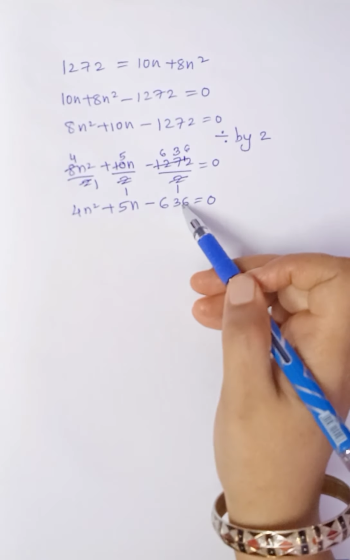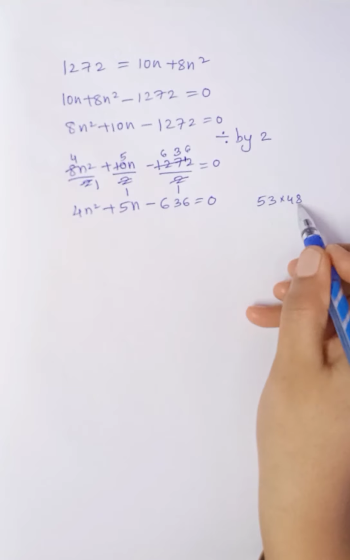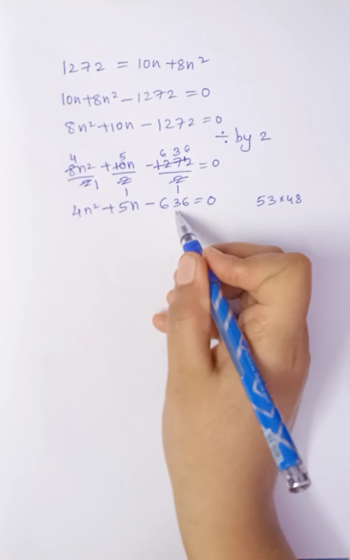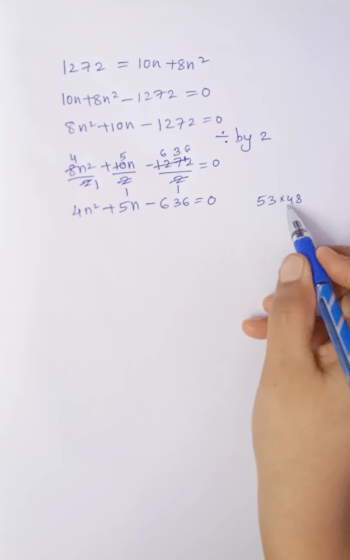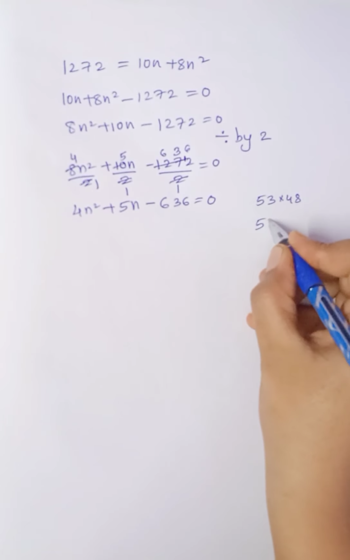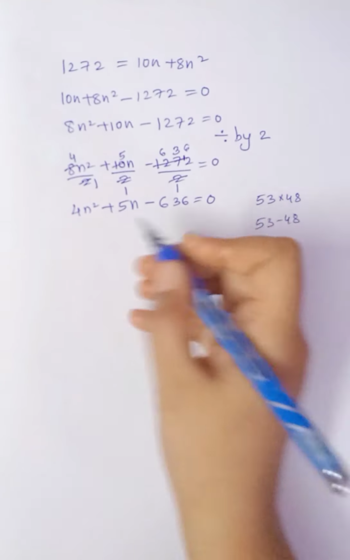And if you add or subtract the two numbers, you should get this number, that is 5. So which numbers am I going to take? I am going to take 53 and 48. See, why am I taking these two numbers? If you multiply these two, you will get 636. And the same numbers, if you subtract, you are going to get 5.